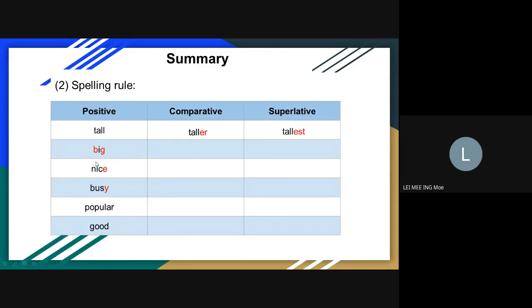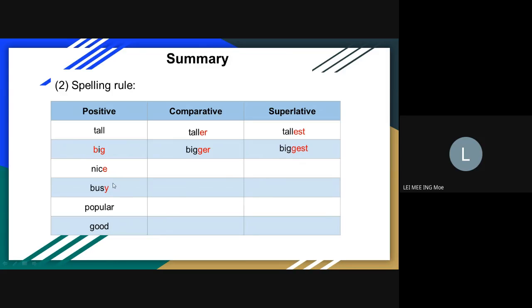However, if we have CVC and the adjective has only one syllable, we double the consonant and then add er. Big, bigger. For superlative, CVC, we double the consonant G, we add est. Big, bigger, biggest. Rule number 2.